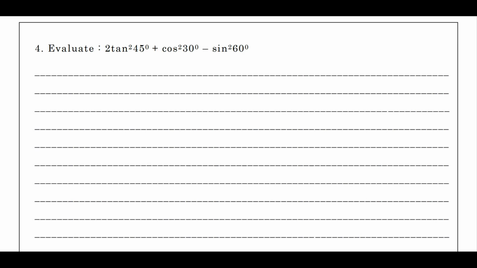Now, evaluate 2 tan square 45 degree plus cos square 30 degree minus sin square 60 degree. What is tan 45? The tan 45 value is 1 and 1 square is 1 plus cos 30 degree is root 3 by 2 whole square.